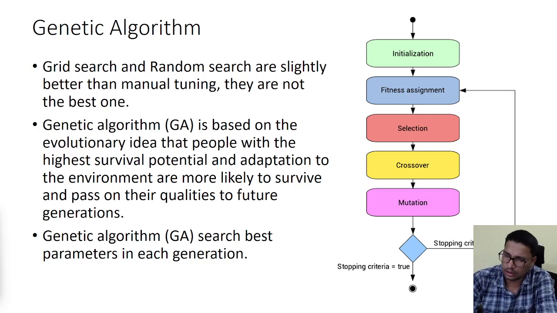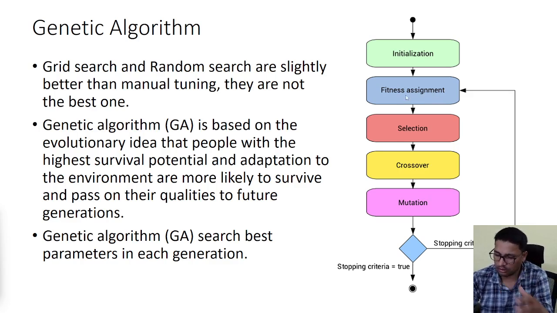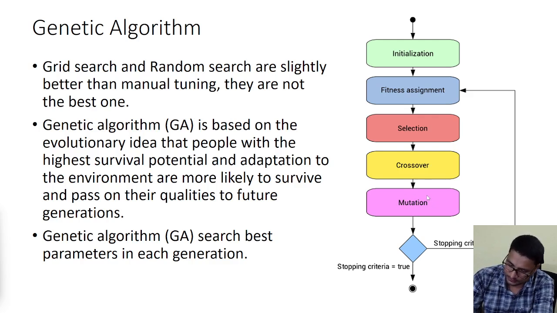And another approach could be the genetic algorithm. In this genetic algorithm, we initialize all the hyperparameters as the initial population, and then we select the best hyperparameters and make them undergo crossover and mutation, and it means we evolve these hyperparameters and set our fitness function, which decides which one is the best.